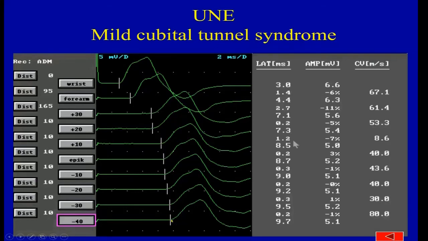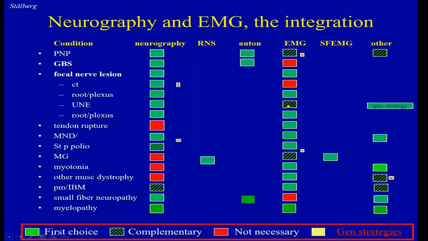And then we look at the amplitudes, and it's relatively well preserved, 6.6, 6.3, 5.6, maybe a slight decrease, but that is also normal for increasing distance. Sometimes we need to do EMG, and that is when we have a mainly axonal involvement. Then a short segment study does not help much.